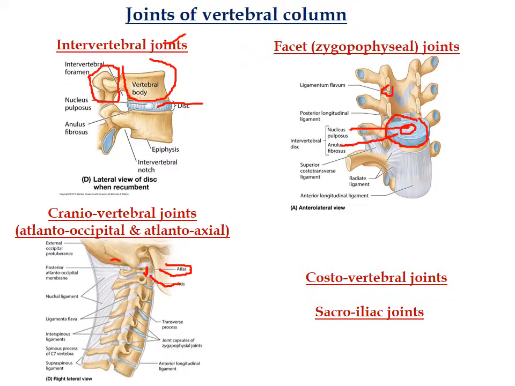We have some ligaments attached there: the transverse ligament, alar ligament, and tectorial membrane. So atlantoaxial allows rotation, the no movement, and atlanto-occipital allows flexion and extension, the yes movement. I forgot to tell about the zygapophyseal facet joints, which allow gliding movements.